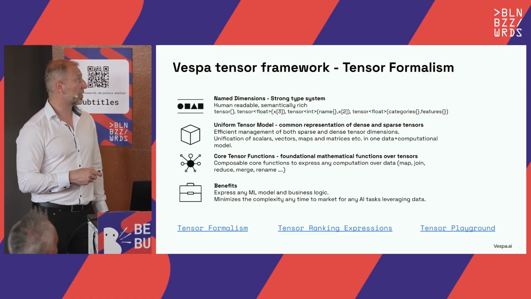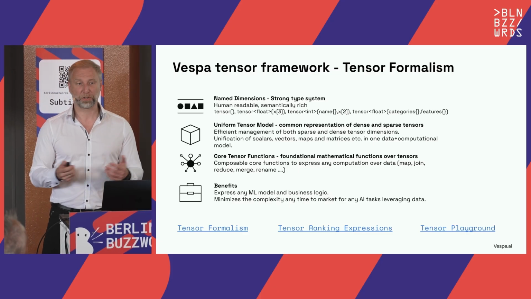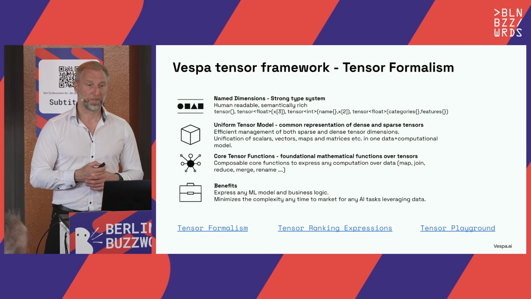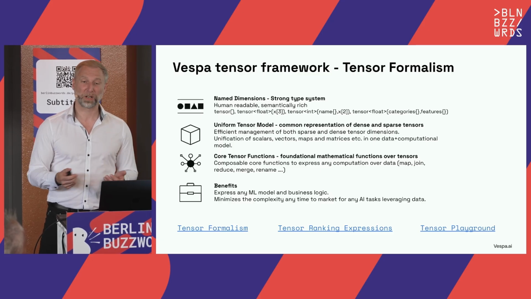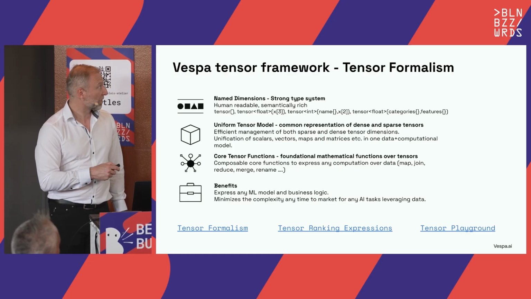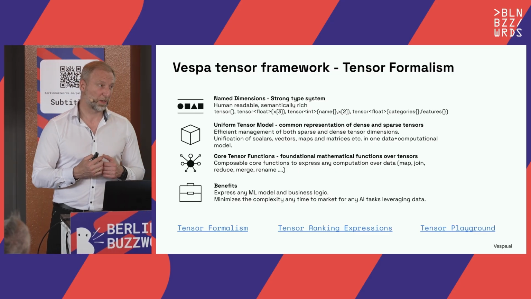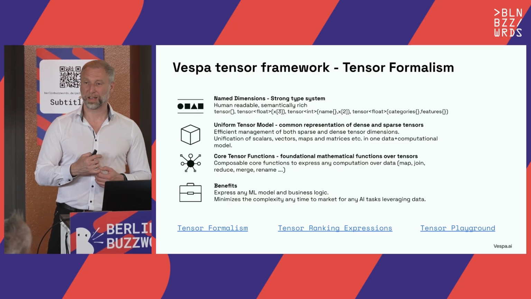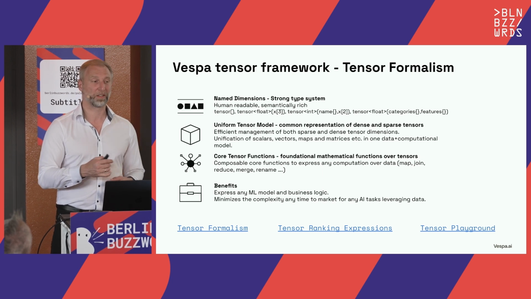And then we have core tensor functions, which enable you to do virtually any operation on tensors, from a standard dot product to even a neural net definition with ReLU and sigmoid functions. So basically what this tensor framework gives you is that you can express any kind of machine learning model in Vespa just by writing simple expressions.